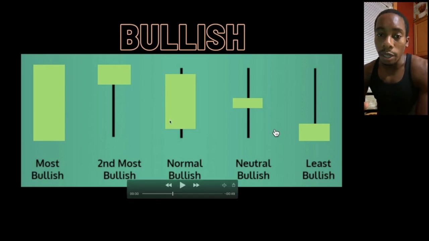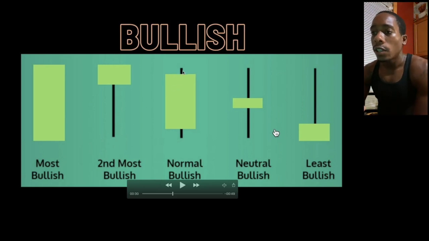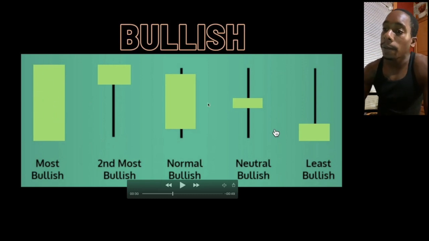Next, you have a normal bullish. You have resistance at the top and resistance at the bottom, right? These lines let you basically know where the resistance comes in from. So as the motion of the candlestick loads upward in a bullish motion, you may get some resistance at the top here that stops it from being a full candle, right?